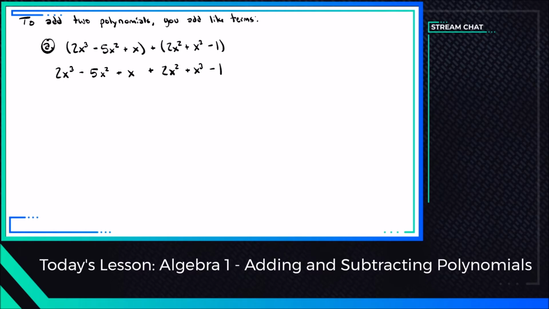And then we just need to go through and identify like terms. So what I like to do is I start with this first term, 2x cubed. And I look for another x cubed, right? So that doesn't have one, that doesn't have one, that doesn't have one, there's one. So 2x cubed and x cubed, those are the same. If we add 2 plus 1, that is going to be a 3x cubed.